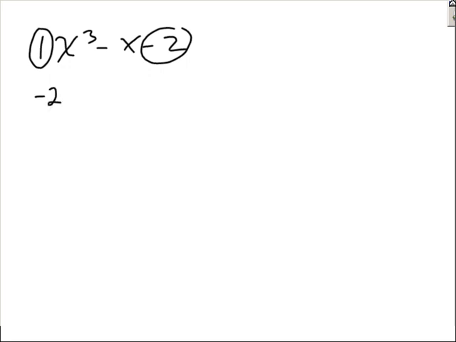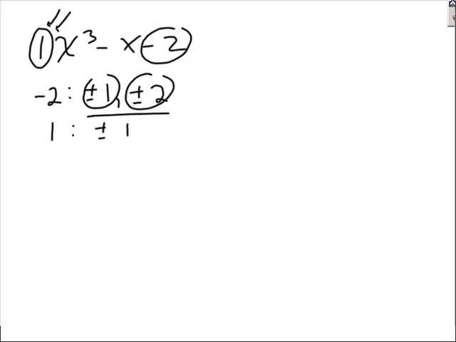For example, numbers that go into negative 2 are plus minus 1 and plus minus 2. Numbers that go into 1 are just plus minus 1. And when you divide the numbers on top by the numbers on the bottom, the only possible fractions you get are plus minus 1 and plus minus 2.